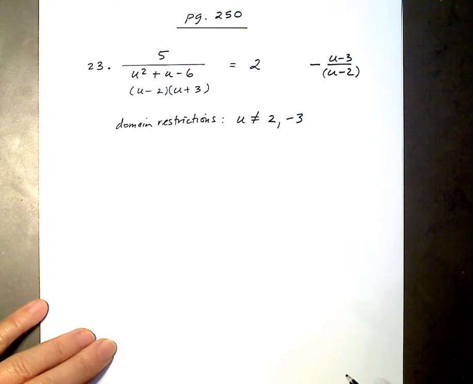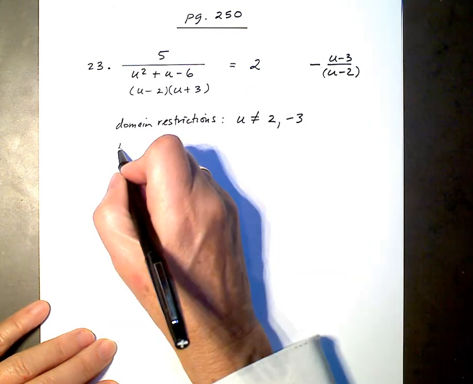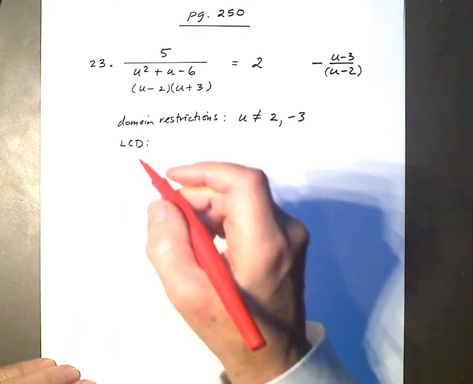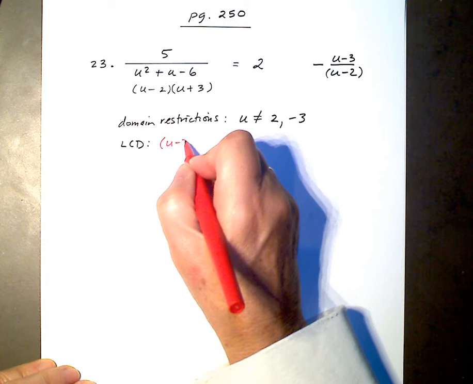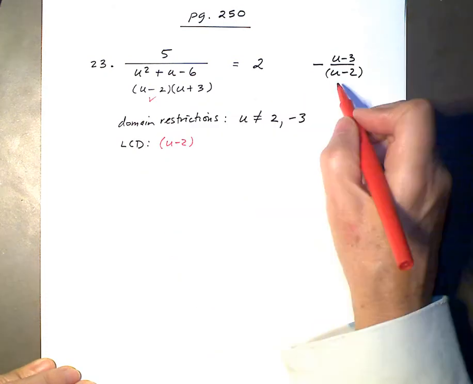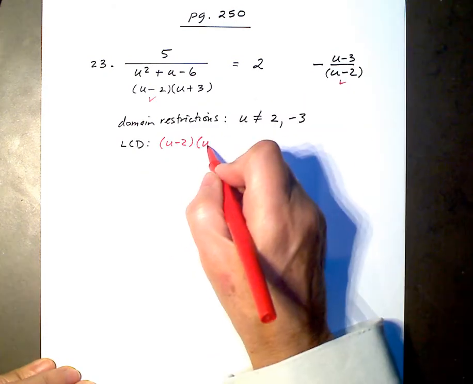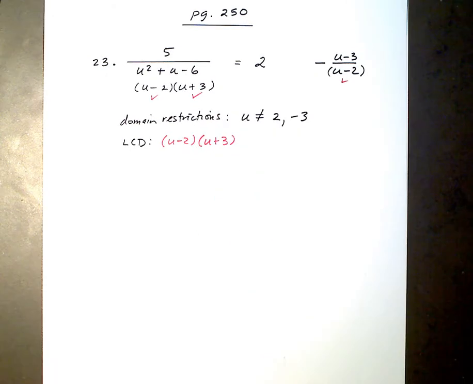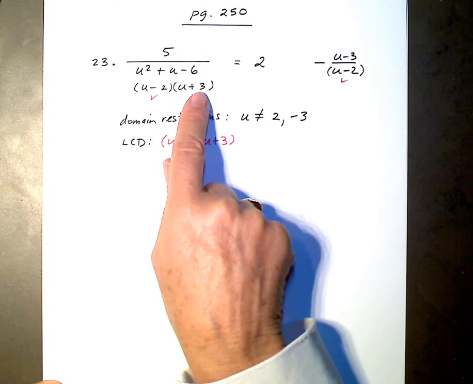So anyway, now lowest common denominator, I'm going to pick up a u minus 2. It occurs here and here, and then I'm going to pick up a u plus 3, which occurs here. So if that's the lowest common denominator, this first term on the left side of the equation is already over the lowest common denominator.